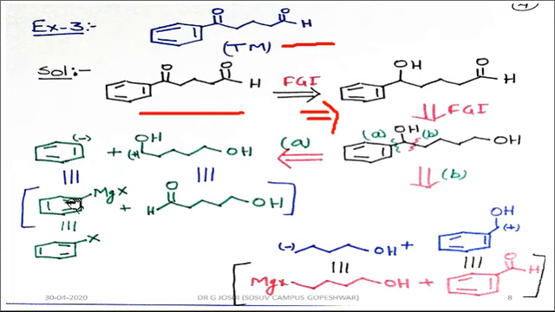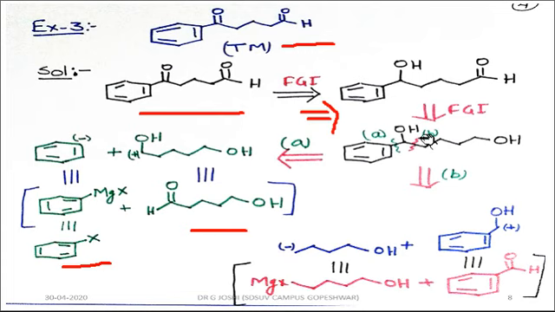That's why the corresponding synthetic equivalent will be phenyl magnesium bromide. Since we cannot have phenyl magnesium bromide directly, we have to prepare it using a halobenzene, like bromobenzene or chlorobenzene, and the other synthetic equivalent for the other synthon will be this one.